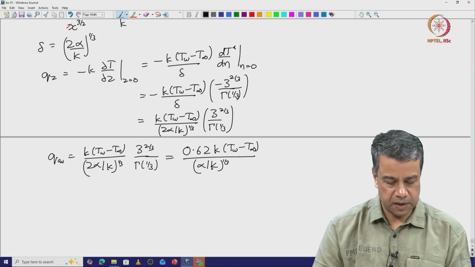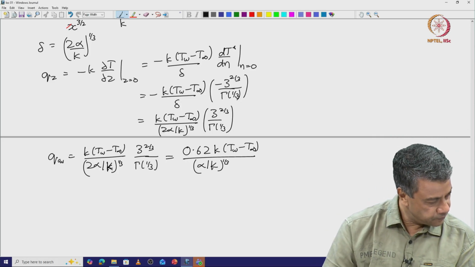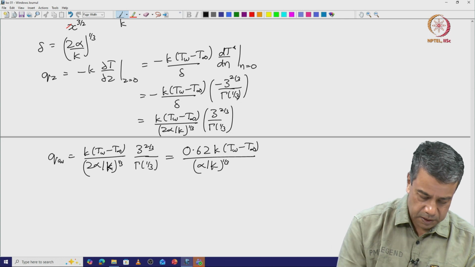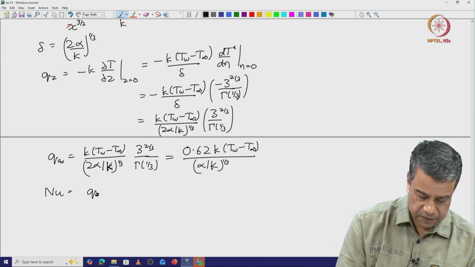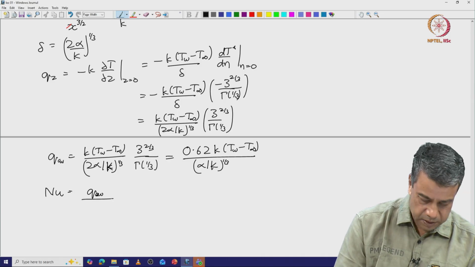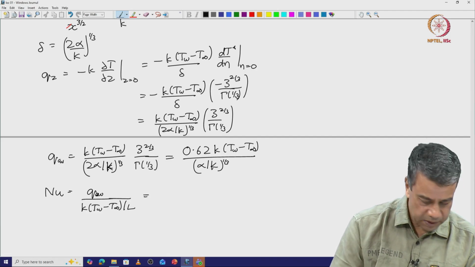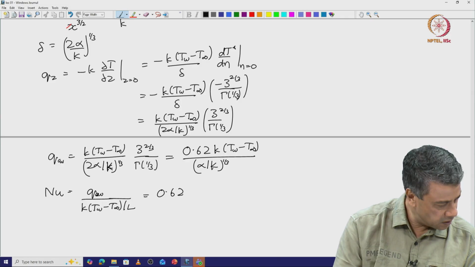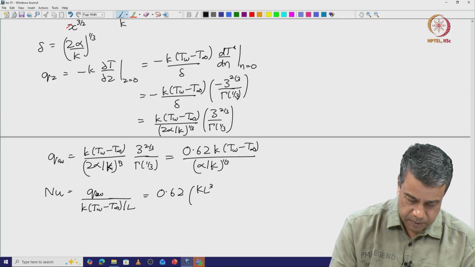This k in the denominator is the parameter in the velocity profile. And the Nusselt number can be written as q average by k into T w minus T infinity by L, which is 0.62 into k L cubed by alpha whole power 1/3.